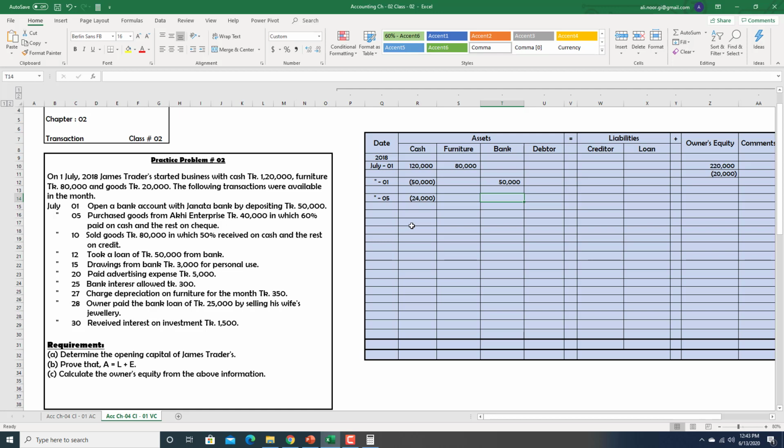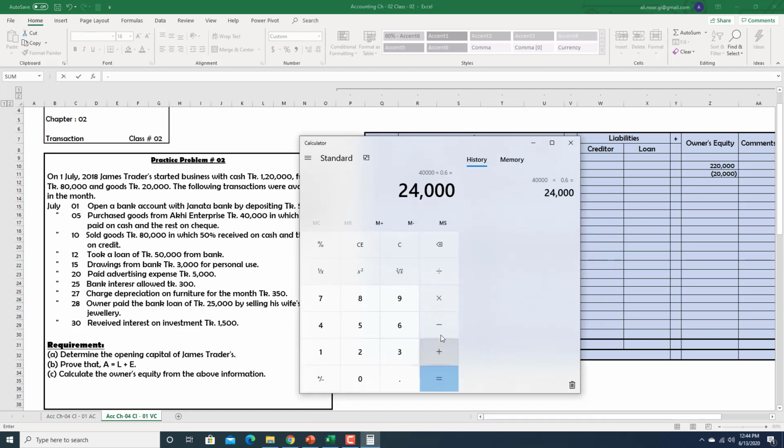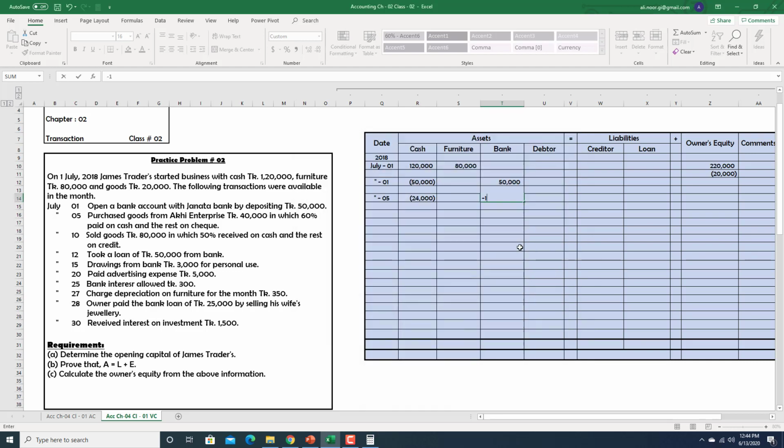For purchasing goods we have made payment on check, so we have paid check to the creditors, and that's why it will decrease bank account. So 40,000 minus 24,000 is 16,000.